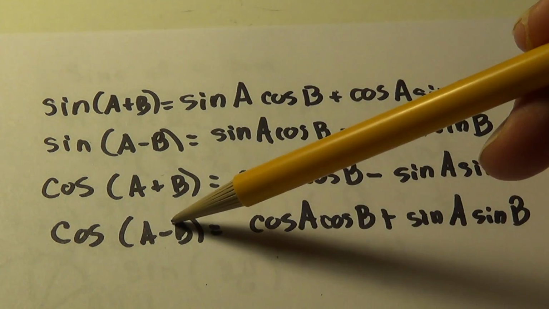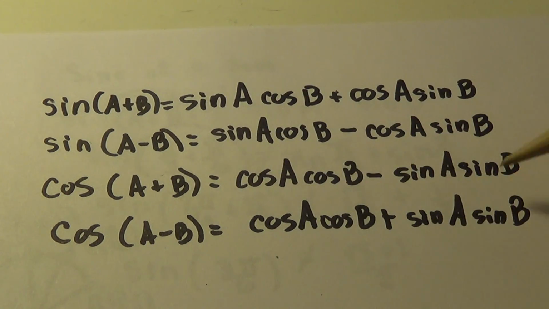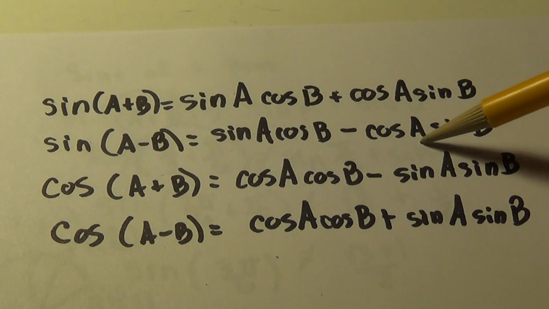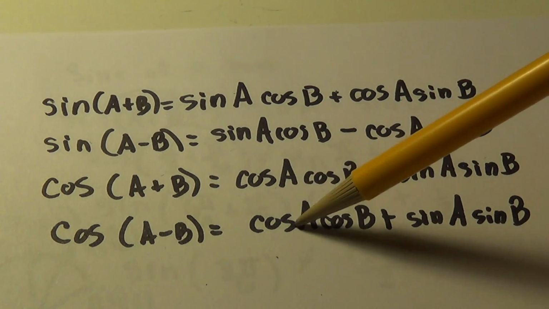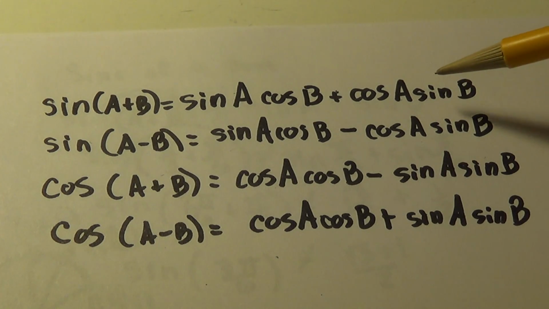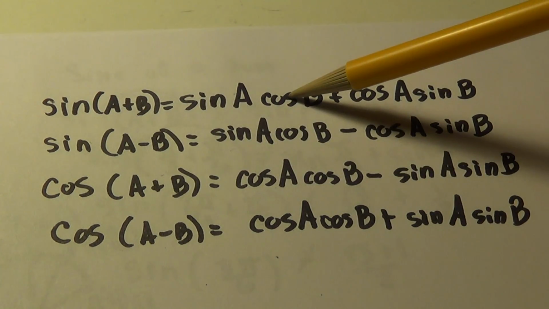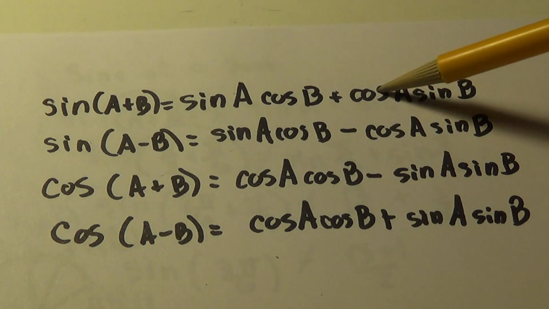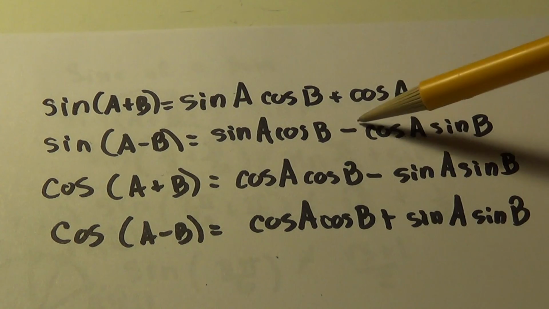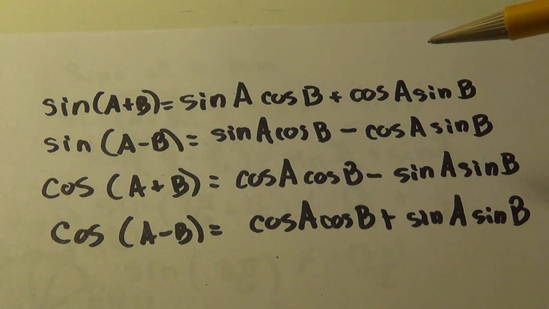Notice if I write them in that order, it's going to go various functions, but notice AB, AB, AB, AB. So a strong pattern with the A's and the B's. Notice sine starts with sine, cosine, then a plus, cosine, sine, and it's identical for the difference except the sign in between the two expressions.